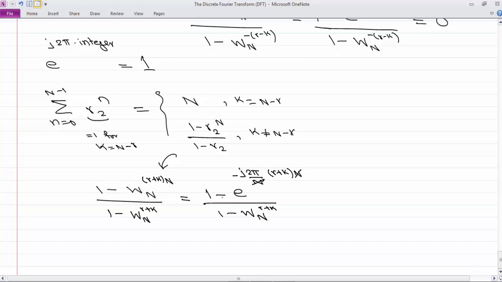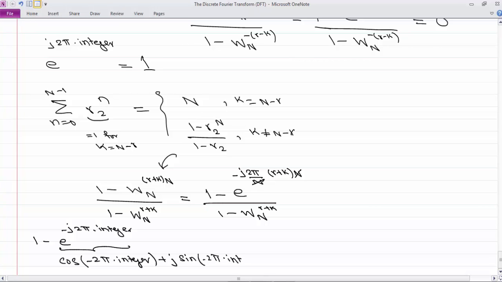So N gets cancelled, and what we have in the numerator is 1 minus e to the minus j 2 pi times r plus k. R is an integer again, and k is an integer, so r plus k is an integer. So we have e to the minus j 2 pi times an integer. Again, if I just use Euler's identity, that will be cosine of minus 2 pi times integer, whatever the value of integer is, plus j sine of minus 2 pi times integer.